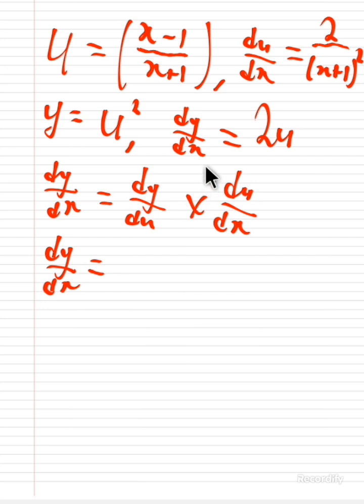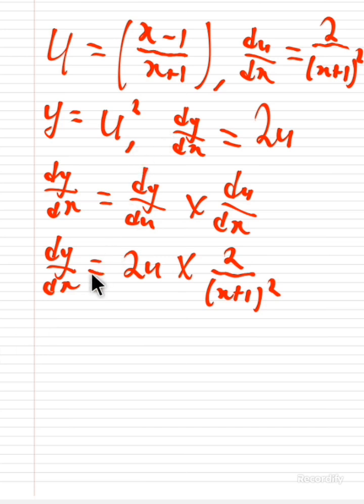So now I'm going to substitute all these values back into this formula. What is our dy du? Our dy du is 2u. Don't forget that. Multiply by, what is our du dx? Our du dx is 2 over x plus 1 squared. So I'm having 2 all over x plus 1 squared. Alright, so now if you multiply this 2u with 2, we are going to have 4u.